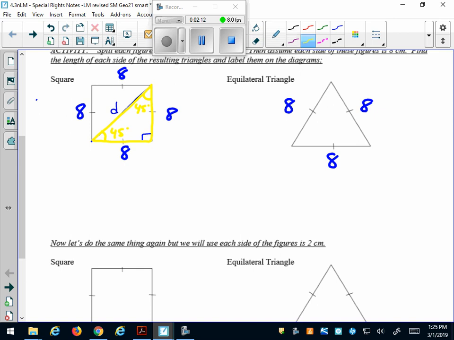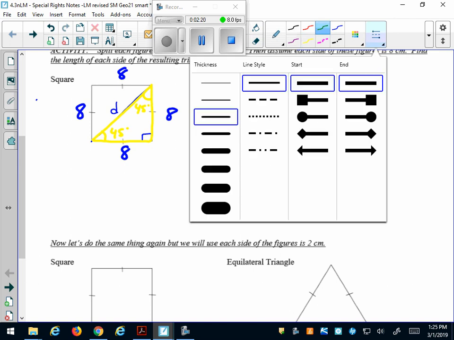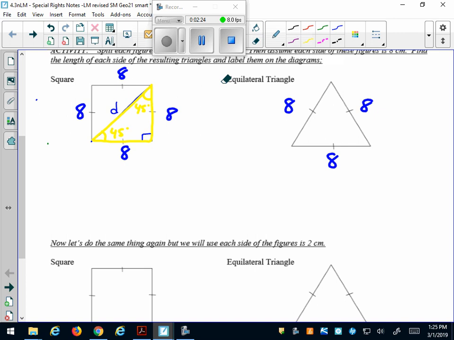Because, well, two reasons, really. With an isosceles triangle, if the two sides are the same, the two angles have to be the same. And since we have a right angle already, we have to take 90 and split it in two. Or you can also think of the fact that this angle here is a right angle and it's getting cut in half. So we have a 45, 45, 90 triangle, which is one of our special right triangles.